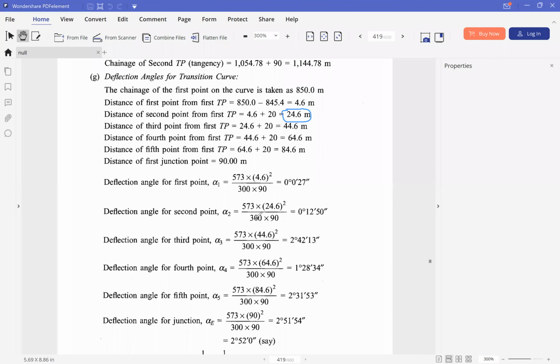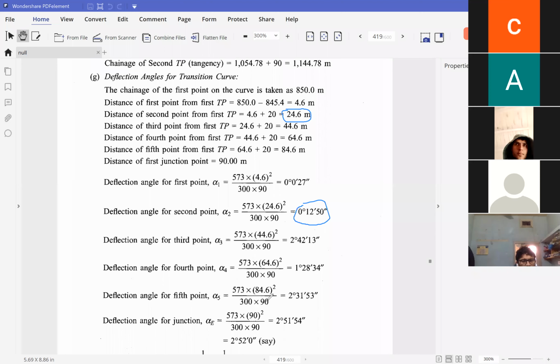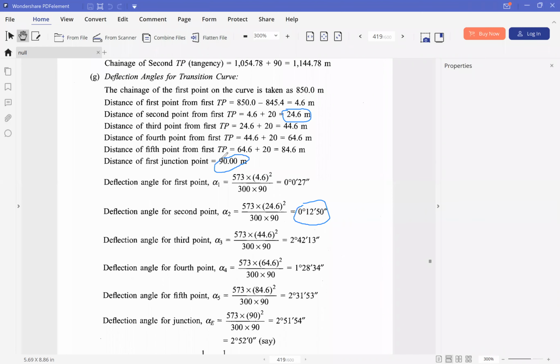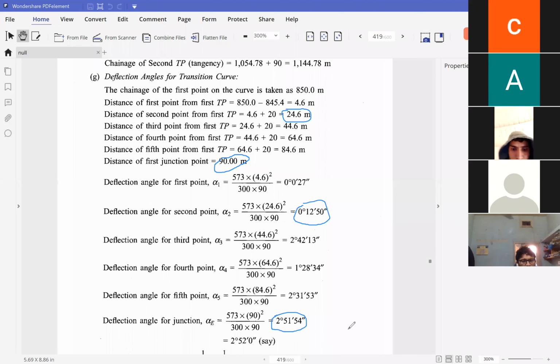Just put it over here and you have the value 0 degree 12 minutes and 50 seconds, and this will continue till you reach this point. For this you can calculate the deflection angle as 573 into 90 squared divided by 300 into 90, and the value is 2 degree 51 minutes and 54 seconds.